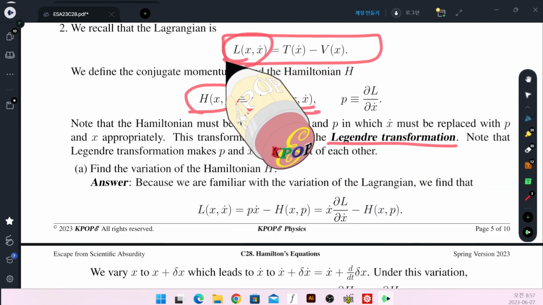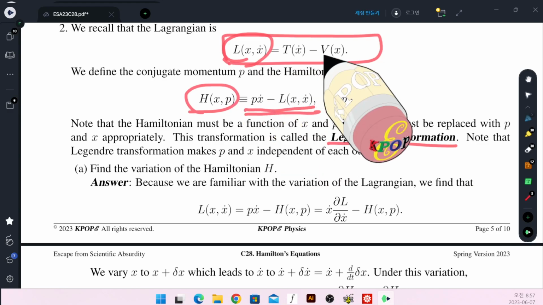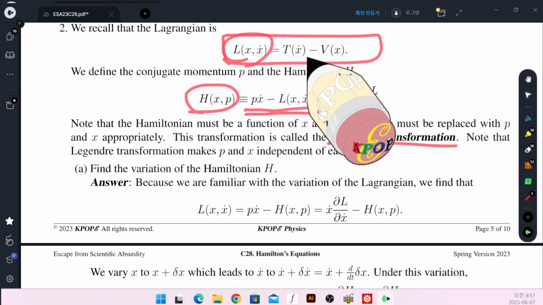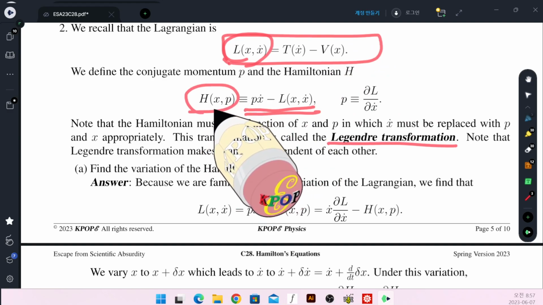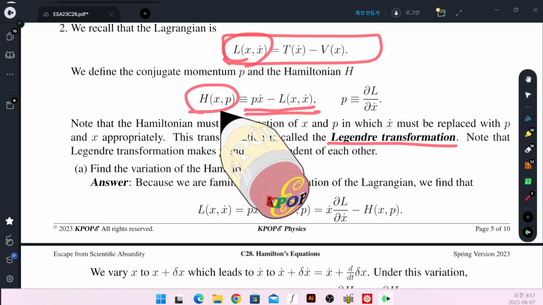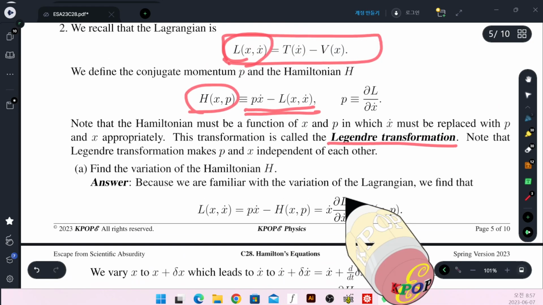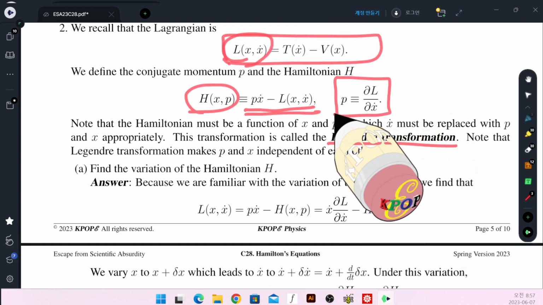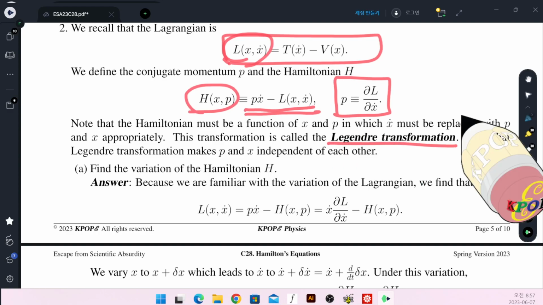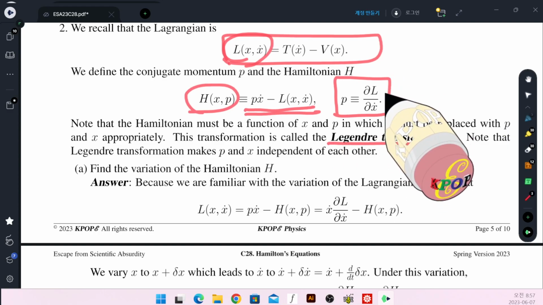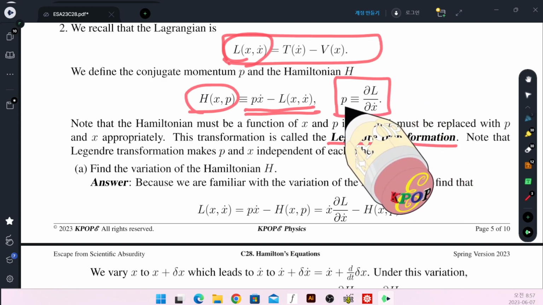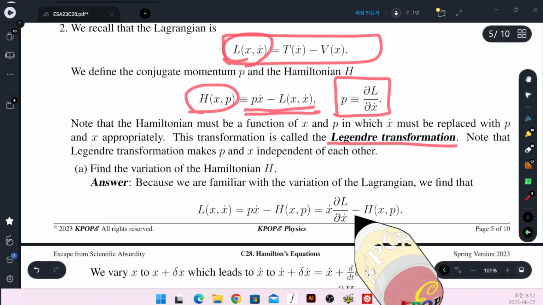Please remember that the Lagrangian is a function of x and x dot, and the Hamiltonian is a function of a position and the corresponding conjugate momentum, that is a linear momentum in our case. So the linear momentum in our case is nothing but the velocity derivative of the Lagrangian. Okay, do you remember that?